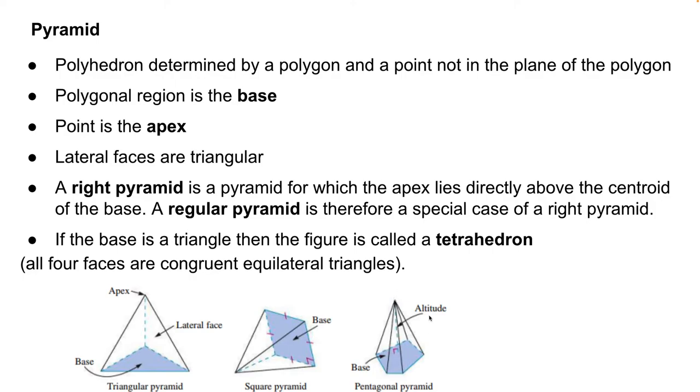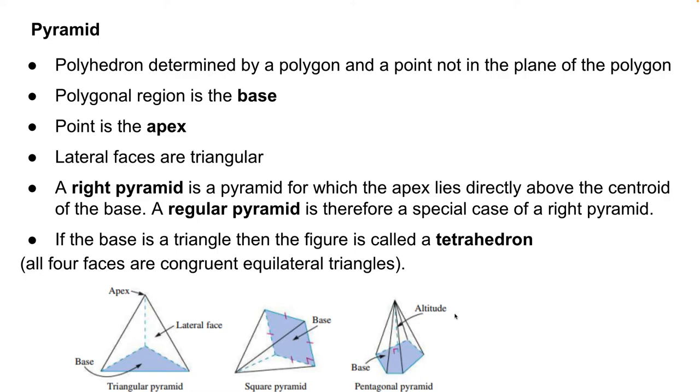And what is altitude? Altitude is the height, the direct height from the apex to the base. So think about dropping a weight with a thread attached to it. If you drop it, it's going to make a 90-degree angle with the bottom, the base. So we call that height the altitude.